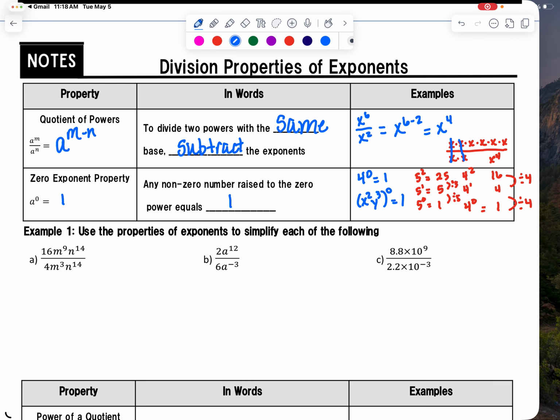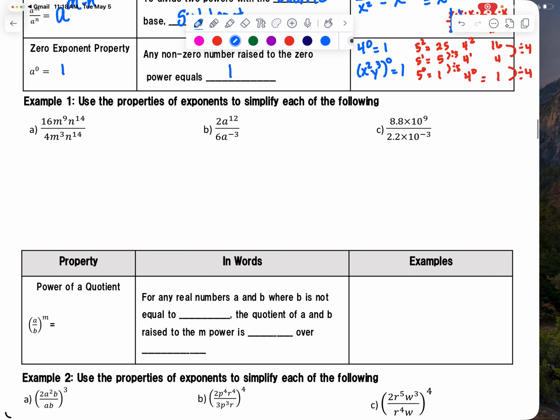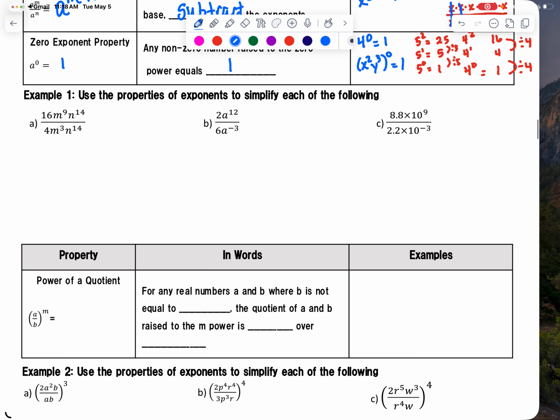Now, let's put these two properties in practice here. So in example 1, it says use the properties of exponents to simplify each of the following. So in problem A, we have 16 m to the 9 power, n to the 14 power, and they want us to divide that by 4m to the 3rd power, n to the 14 power.